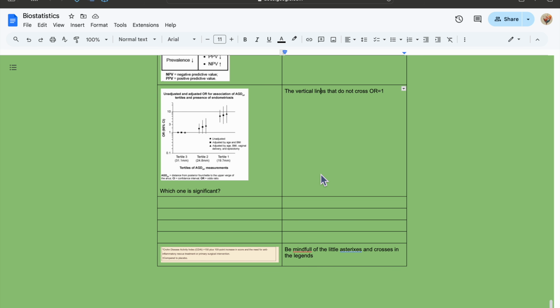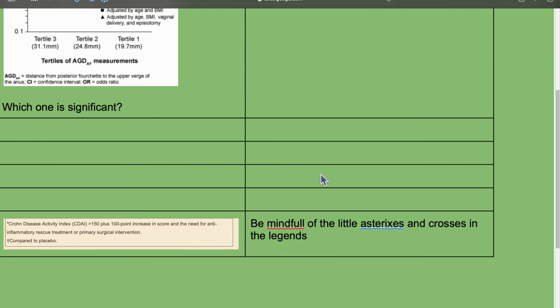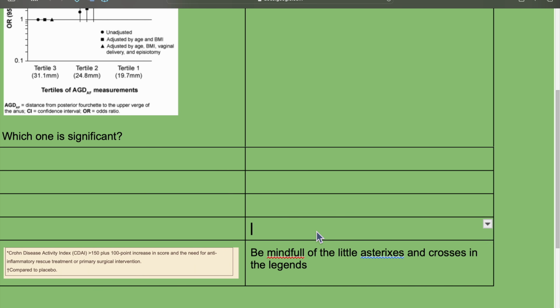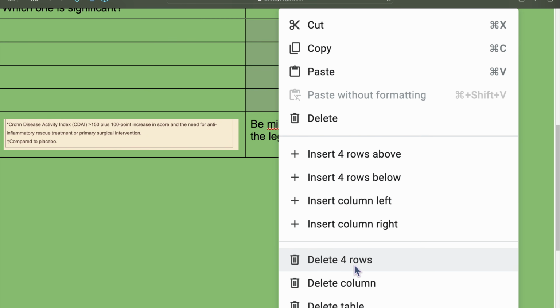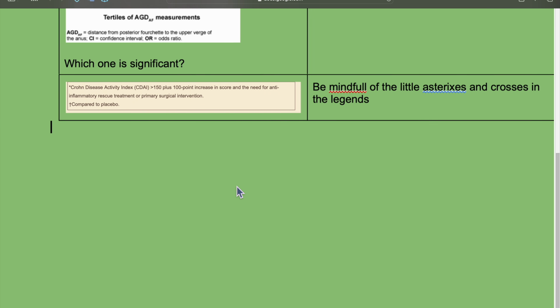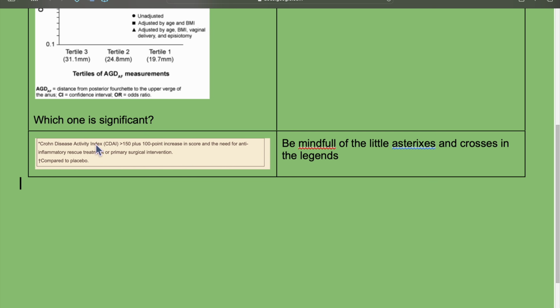Okay. And then last one. Crohn's disease activity index, CDAI, more than 150 plus 100-point increase in score, and the need for anti-inflammatory rescue treatment or primary surgical intervention compared to placebo.